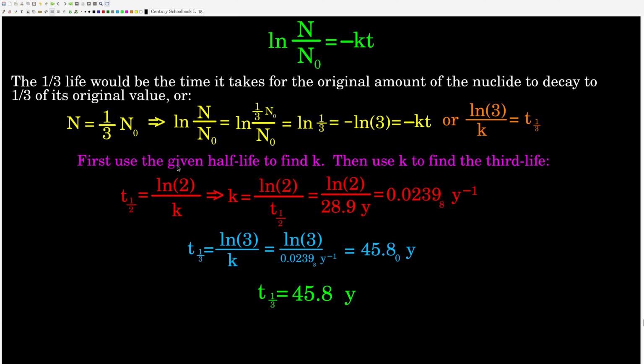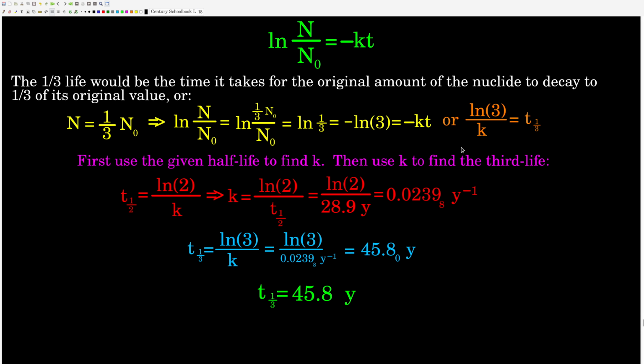So what you're going to do is use the given half-life to find the rate constant k. Rearranging this, the rate constant equals natural log of 2 over the half-life, and we were told that the half-life is 28.9 years. So we get the rate constant is 0.02398, or 0.0240 per year, inverse years.